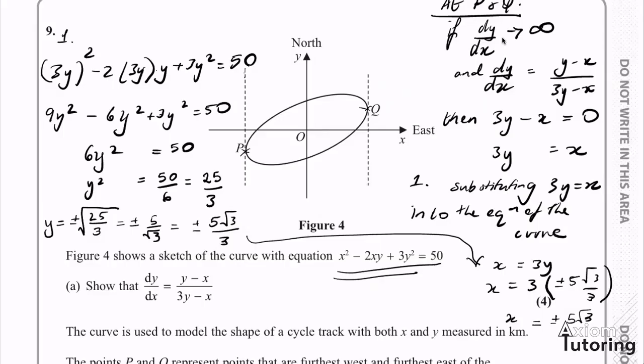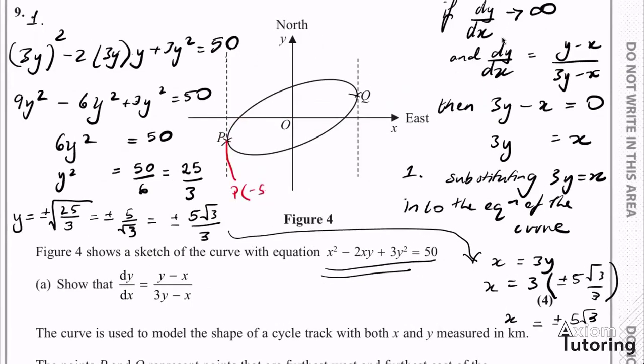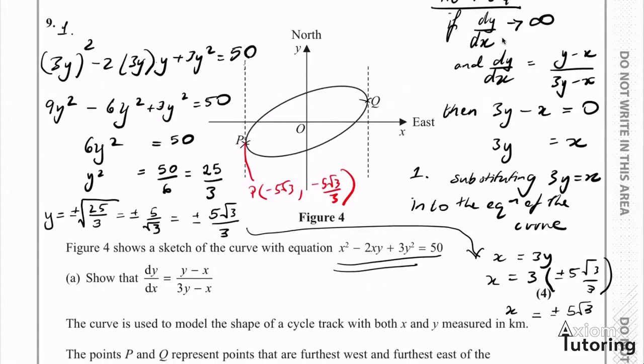So we have to decide which point is P. Well, it's in the negative x and the negative y. So point P will be minus 5 root 3 and minus 5 root 3 over 3. So those will be the coordinates of P. Okay.